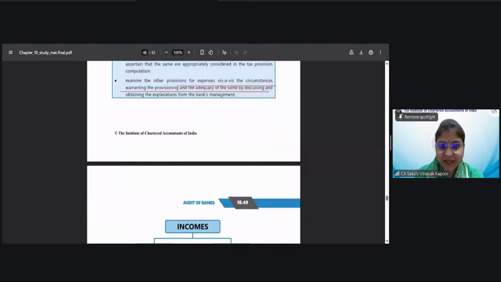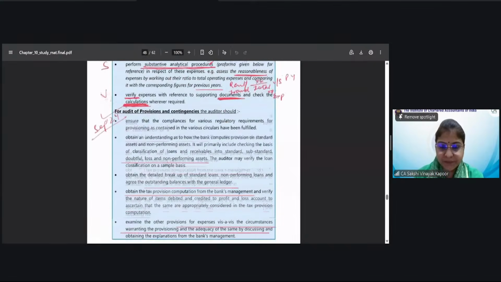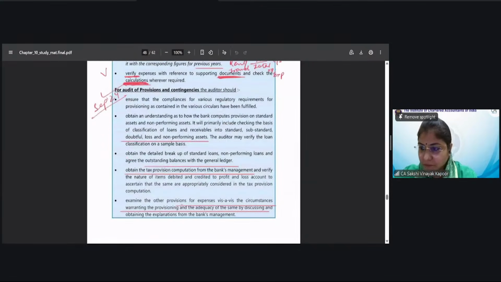Come to provisions and contingencies, Achal. See, you have to look at three things in provisions and contingencies. First is for the advances, standard and NPA. For both, you have to see the compliance with the circular. You understand how much the bank has computed the provision on standard assets and NPA.